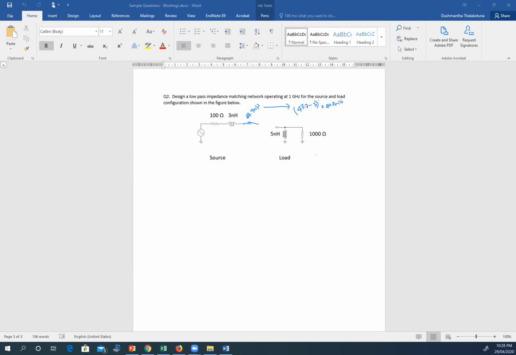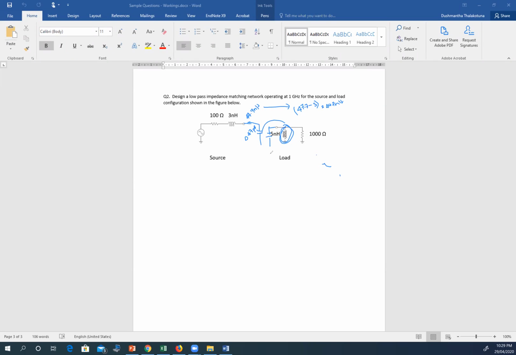Because when you do the L network matching, you assume that they're all pure real loads. Now this capacitor I have is 0.47 picofarad, and this inductance is there as part of the load. I just need to cancel this out. If you want to cancel out a parallel inductance, you can use a parallel capacitance.